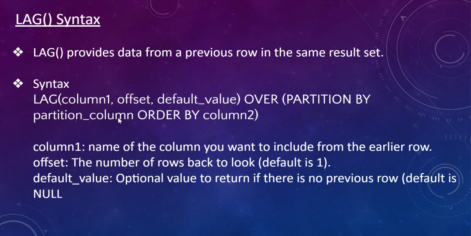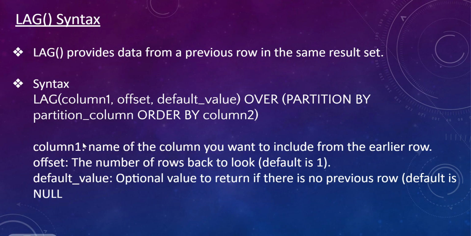After partition by, you of course need to mention the partition column. But as I mentioned, partition by is not a mandatory clause. Then you need to mention order by column 2. Order by is a mandatory clause, and you need to specify on which column you want to do the sorting. It may be ascending or descending, so it's a mandatory part.